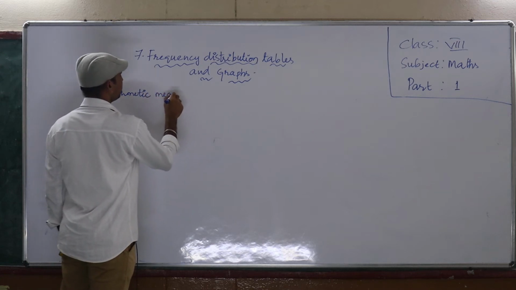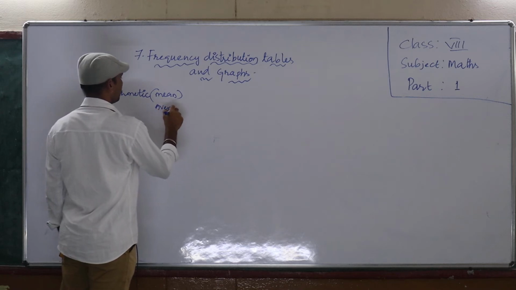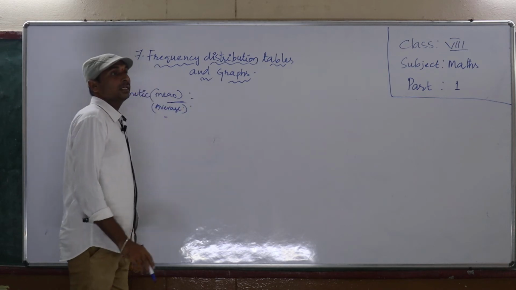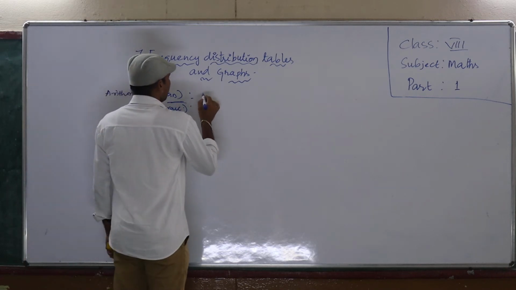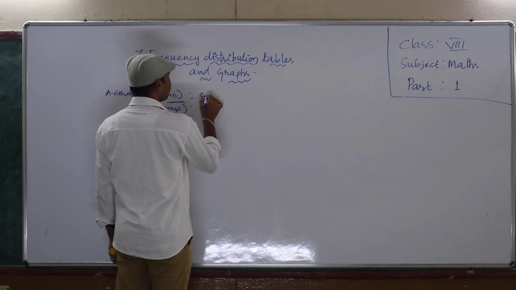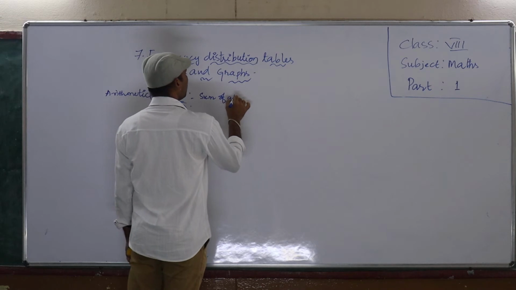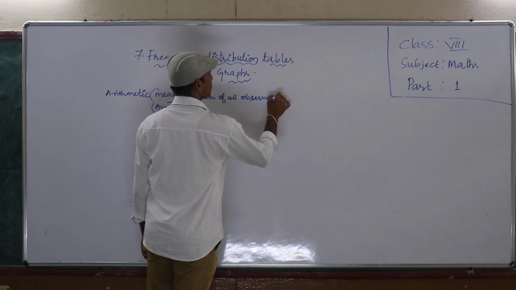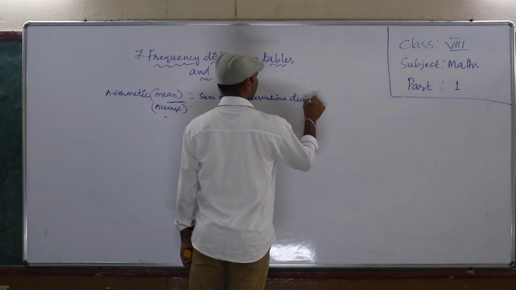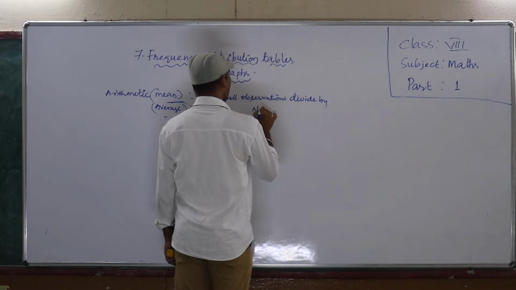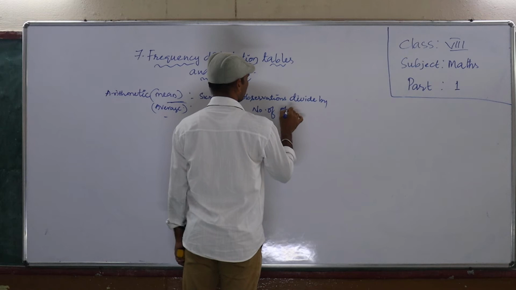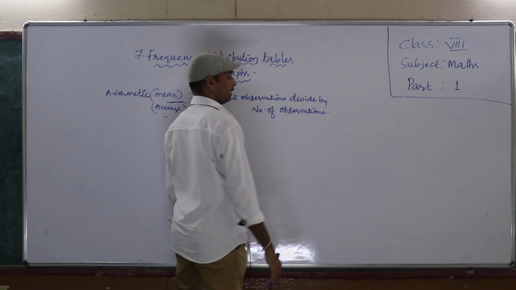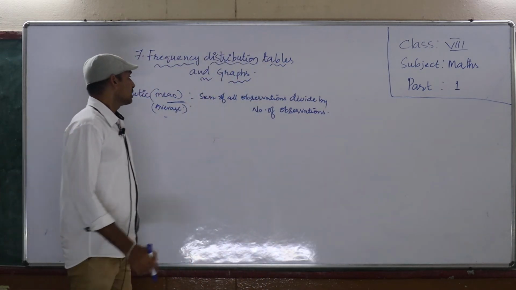Here, mean is nothing but average. The arithmetic mean is the sum of all observations divided by the number of observations.